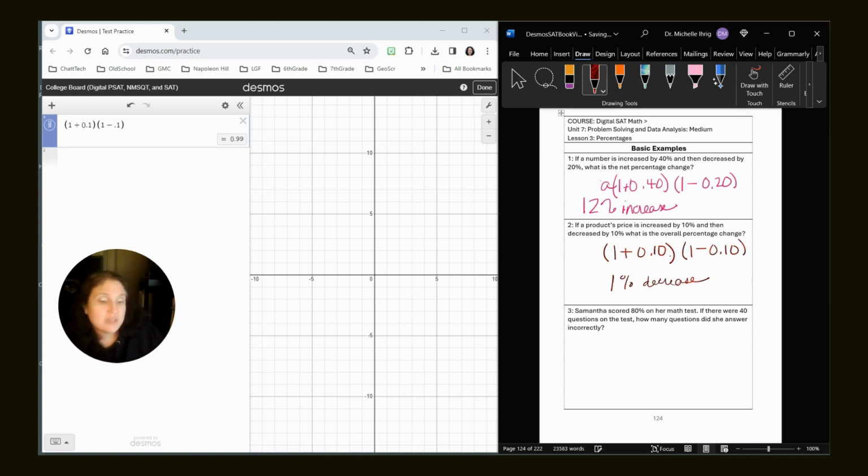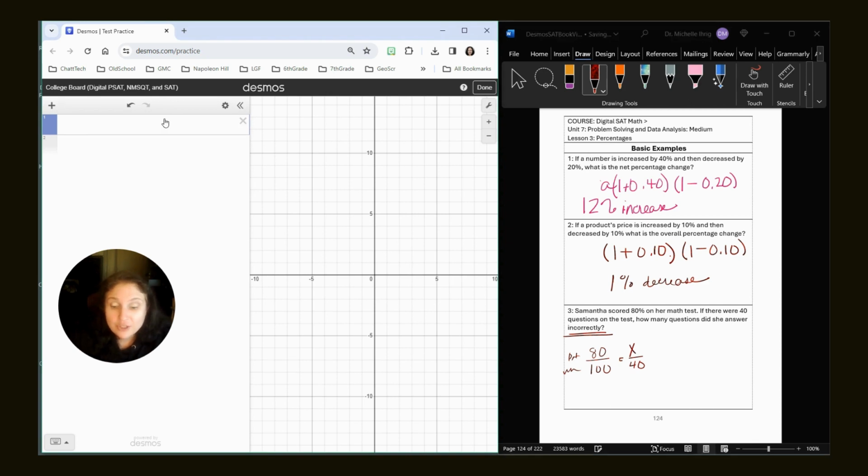Samantha scored 80% on her math test. There were 40 questions on the test. How many questions did she answer incorrectly? So we've got 80 over 100. And there's 40 questions on the test. So 40 is going to go on the bottom because it's old school part whole. And we want this X value, and that is going to tell us how many questions she got right.